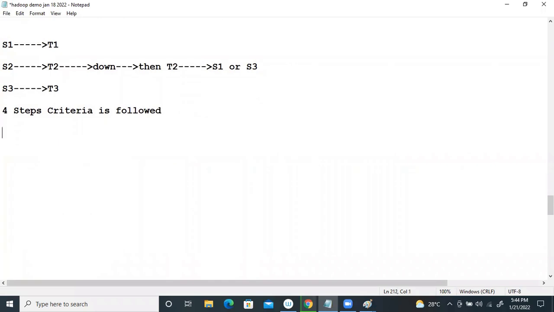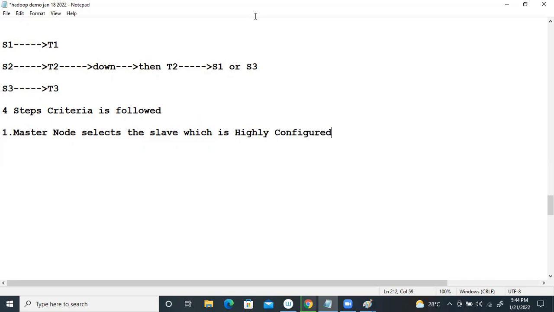First one: the master node selects the slave which is highly configured, which means it has good hardware configuration.